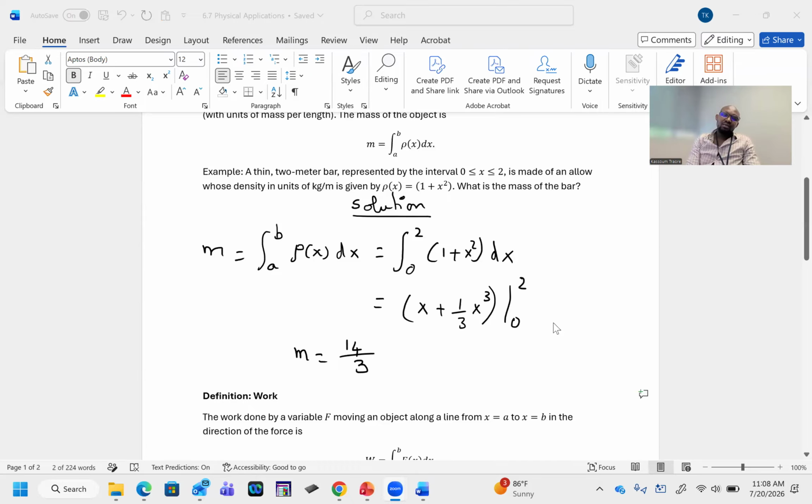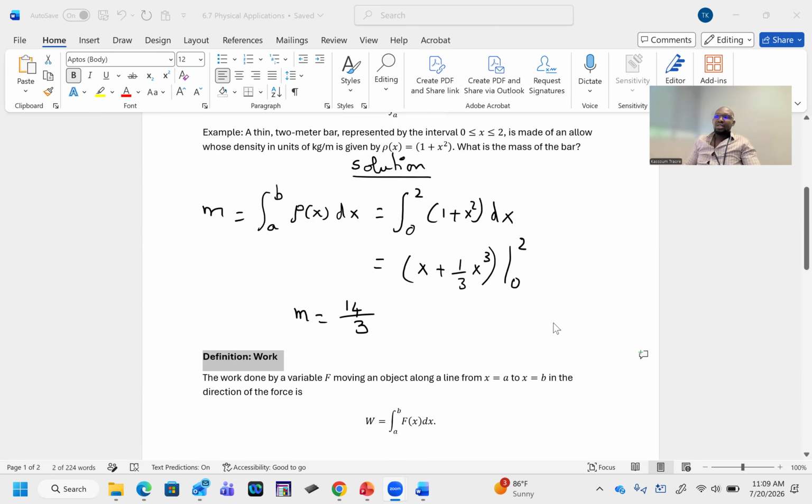Okay, let's move to work definition. Before I give you the formula for work, let's talk about work. Work can be described as the change in energy when a force causes a displacement of an object.